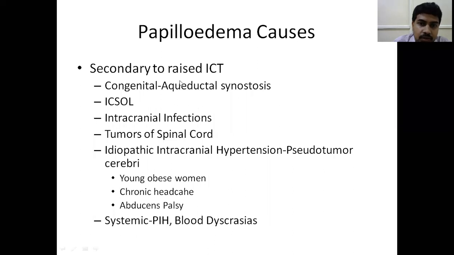Then aqueductal stenosis, intracranial infections like meningitis, tumors of the spinal cord, and idiopathic intracranial hypertension, also known as pseudotumor cerebri, which is seen in young obese women. It presents with chronic headache, and there is a sixth nerve palsy, and the patient may have a squint. Sixth nerve is palsied, so the eyeball goes inside, medial rotation. Also systemic diseases like pregnancy-induced hypertension and blood dyscrasias. These are the various causes of papilledema. All of these you can learn by heart; there is no concept here, everything is just by-hearting.